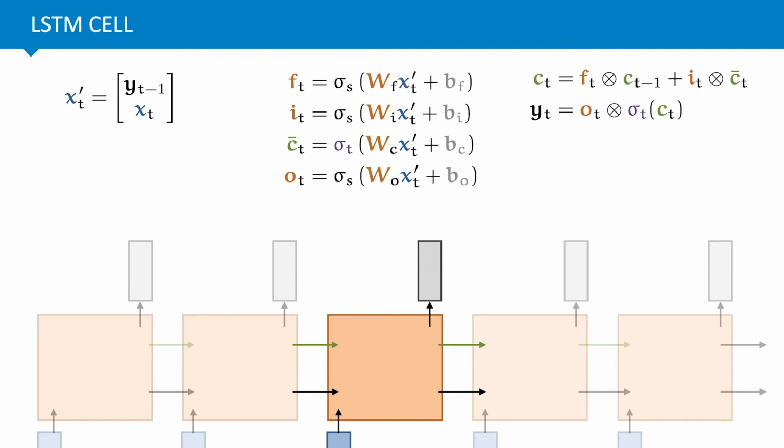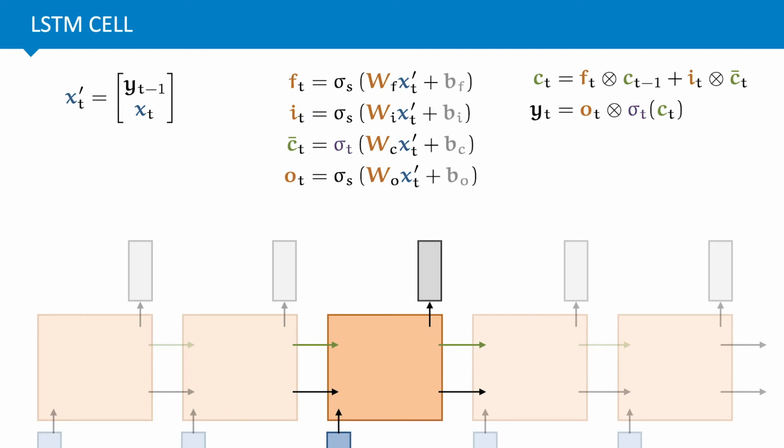This x prime is fed through a number of one-layer feed-forward networks to produce four intermediate values f, i, c bar, and o. And then these values are combined by purely linear element-wise computation into two values c_t and y_t. And these are the values that are passed as output and to the next cell.